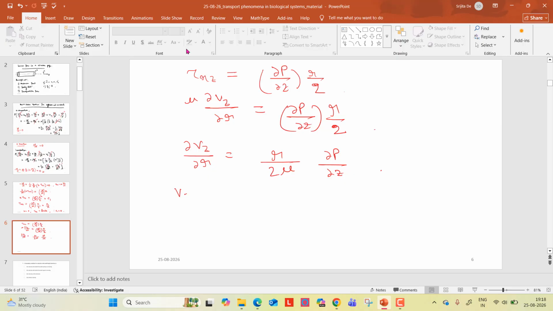So, Vz we are getting as r square by 4 mu del p by del z plus C2.